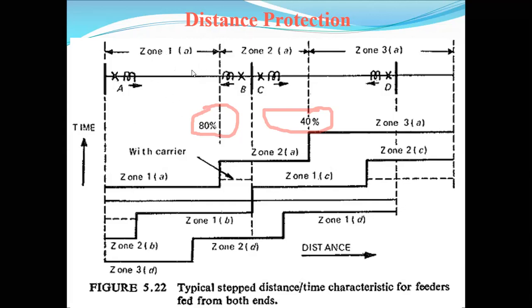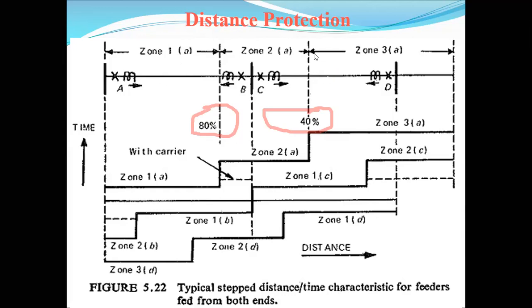The feeder line is also damaged. Depending upon the distance of the faulted condition, the system will be affected. That's why we give different zone protections.